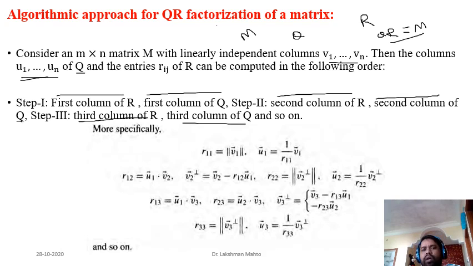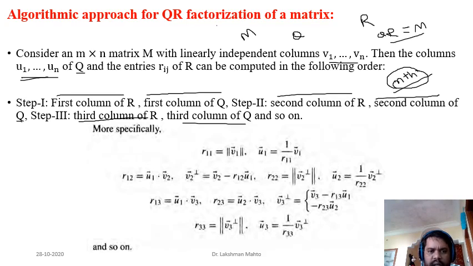We have to keep on doing this up to the nth step. That means it depends upon the dimension of the matrix. So what is the order of the matrix? Oh sorry, here m is given, so you have to go up to the mth step in order to get the QR factorization.